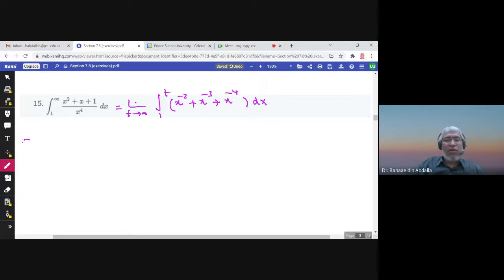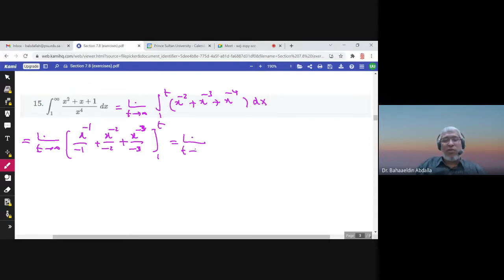So it would be the limit as t goes to infinity of x to the power negative 1 over negative 1 plus x to the power negative 2 over negative 2 plus x to the power negative 3 over negative 3, all of this from 1 to t.